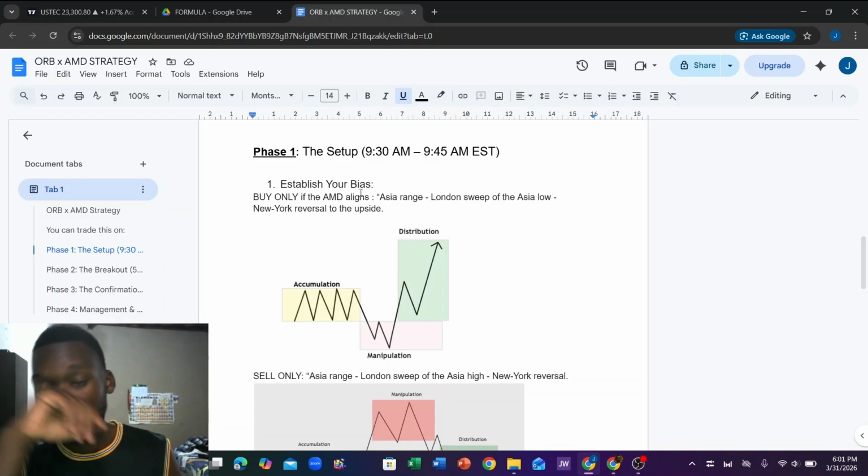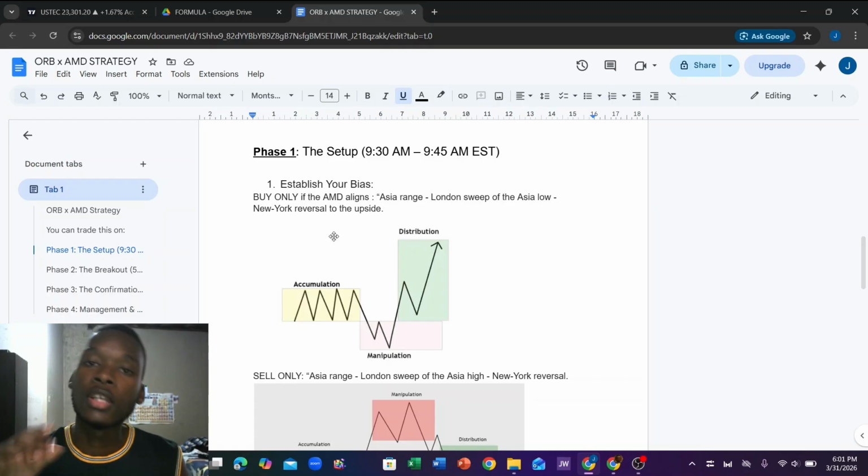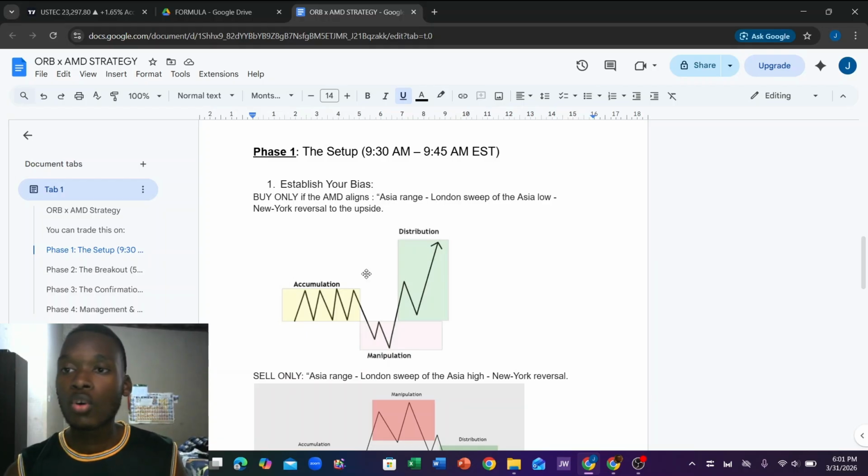What do I mean by that? You're going to buy only if the AMD aligns, and you're going to sell only if the AMD aligns.